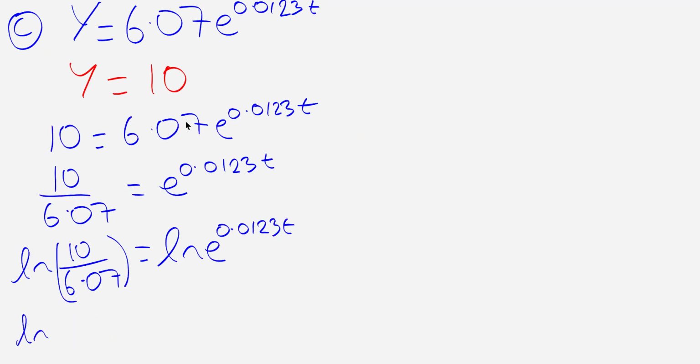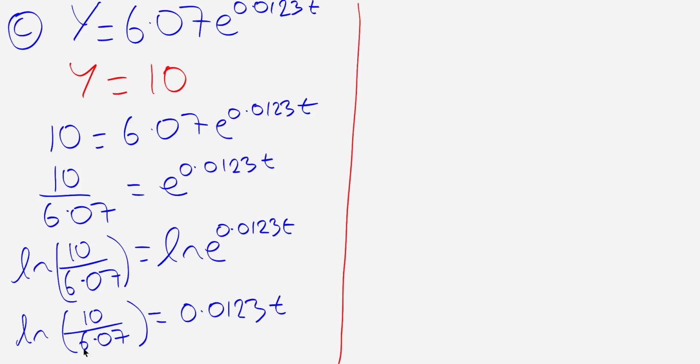Moving along here, the ln of 10 divided by 6.07 equals, and we know that the right hand side just becomes 0.0123t.